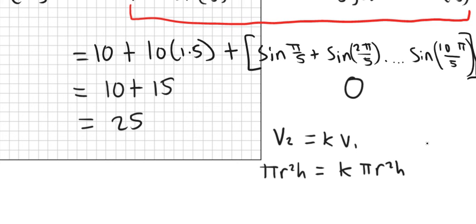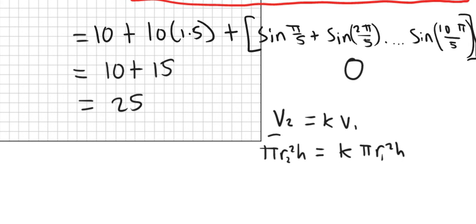The first is the second radius, after 10 years, and the other is the first radius, right at the start. Because there are pi's and h's on both sides, the pi's will cancel out, and the h's will cancel out because they're going to be the same thing.